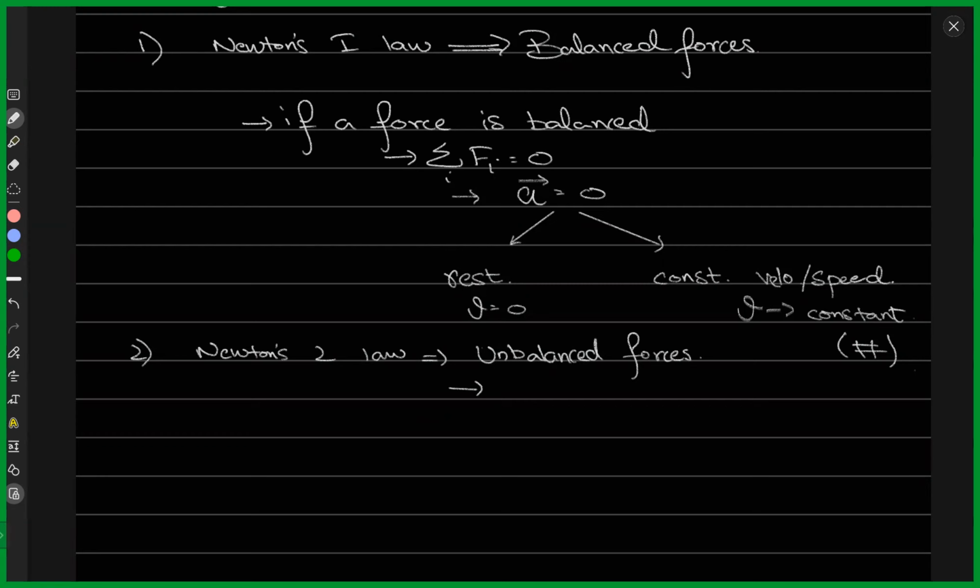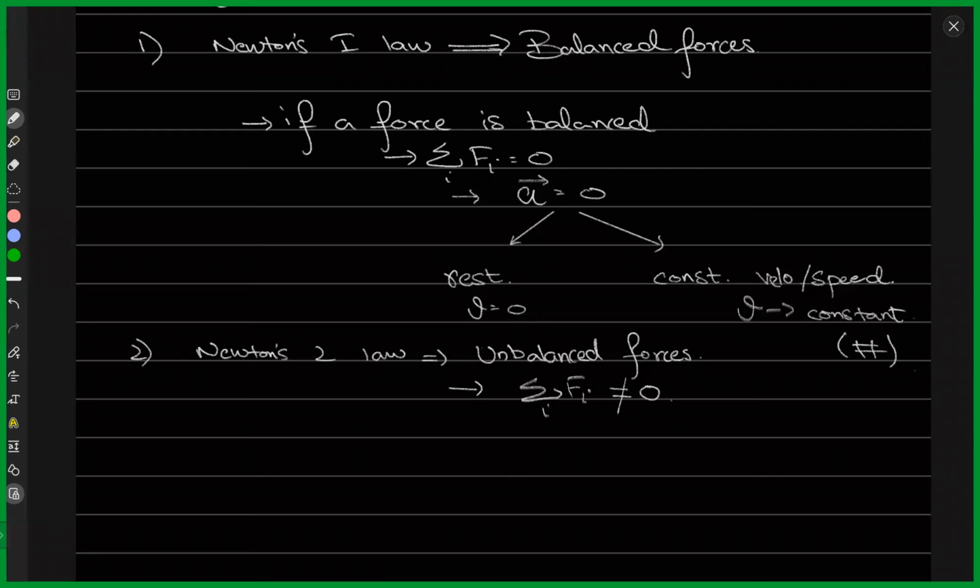So that would essentially mean that there is a resultant force acting on the system, right? So when you add all the forces, it would not give you 0. So the sum of all the forces on the system is not equal to 0, right? It is any constant positive number.